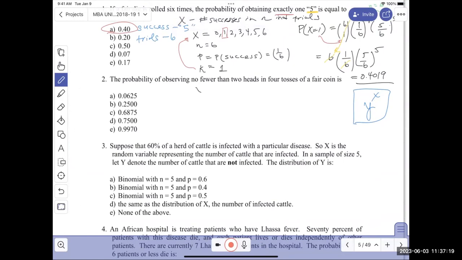So I said X, N, P, K. If we can fill these in, then this is a binomial. So N is 4, and P is the chance of a success. The success in this problem is heads.